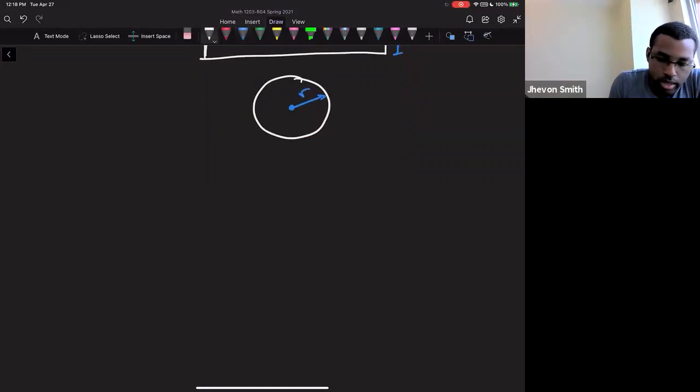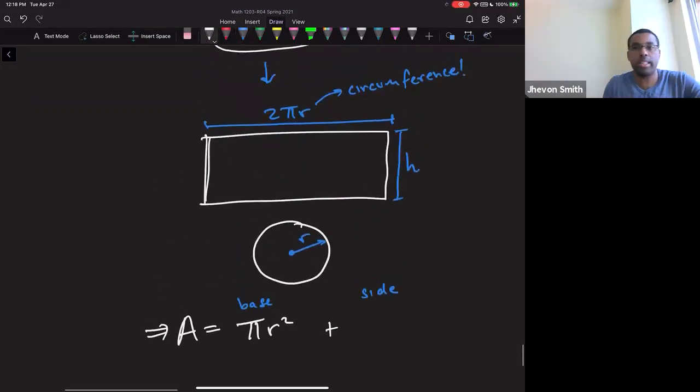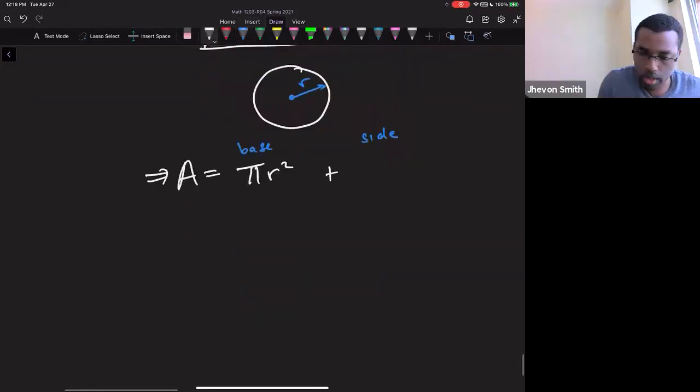So this tells us that the area is going to be pi r squared, that's the area of the base, plus the area of the side, which is just a rectangle, length times width. So you would have 2 pi r h.